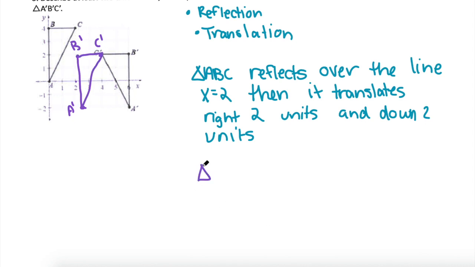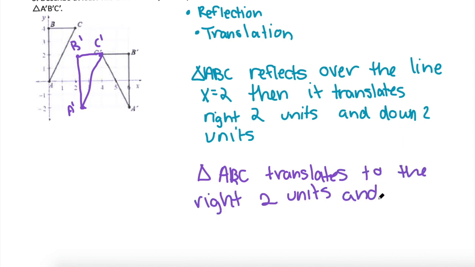So triangle ABC translates to the right 2 units and down 2 units.